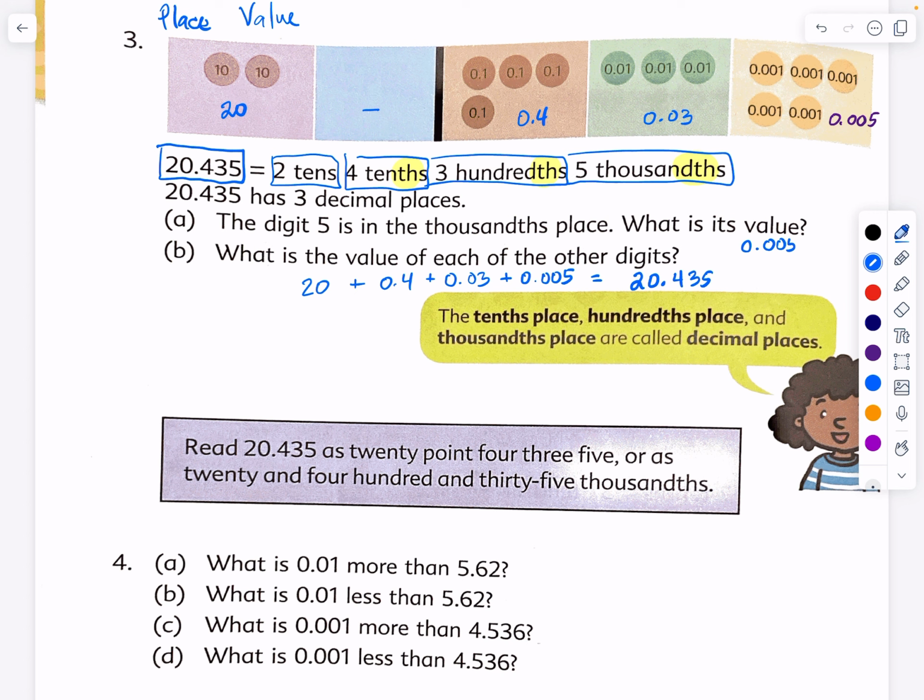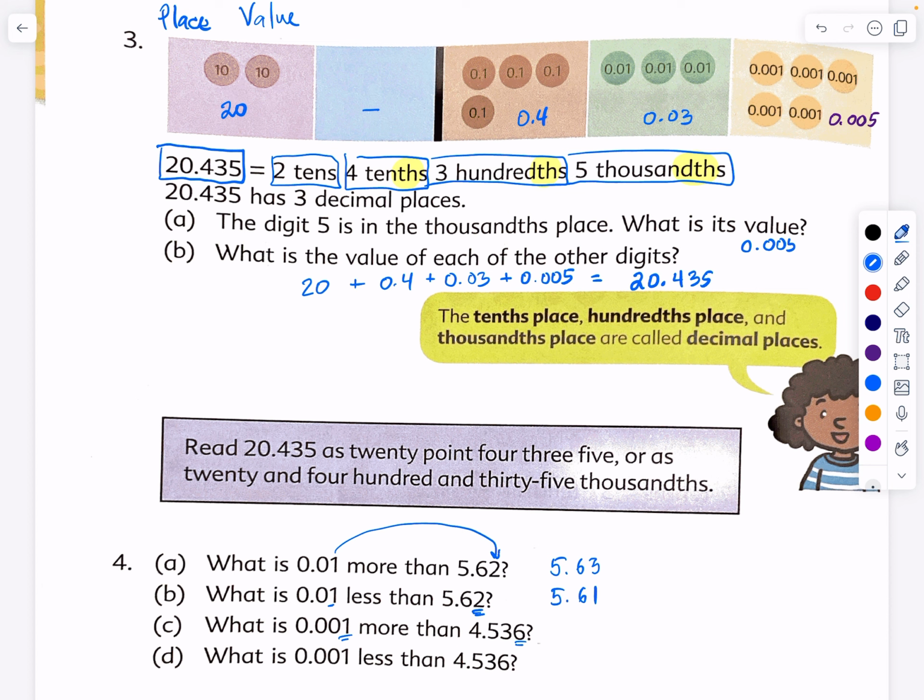Now, let's do some mental math. What is 1 hundredth more than 5.62? I hope you recognize that we are bumping up the hundredths. Of course, it's 5.63. What is 1 hundredth less than 5.62? We are reducing this digit: 5.61. What is 1 thousandth more than 4.536?